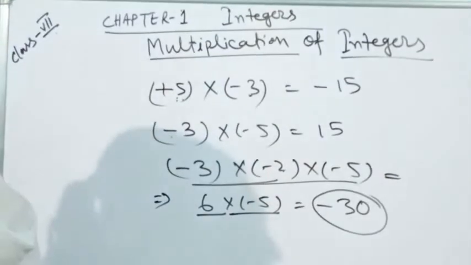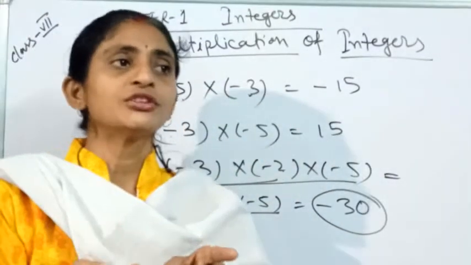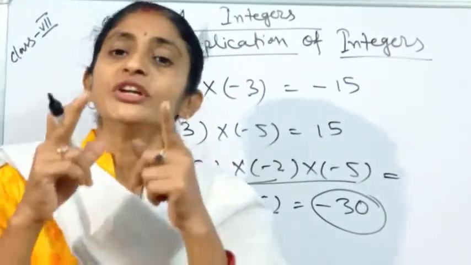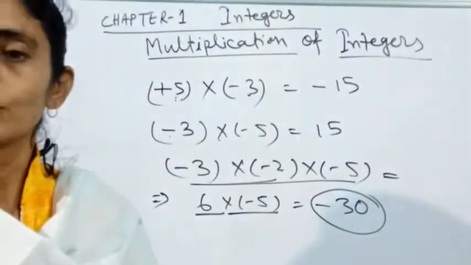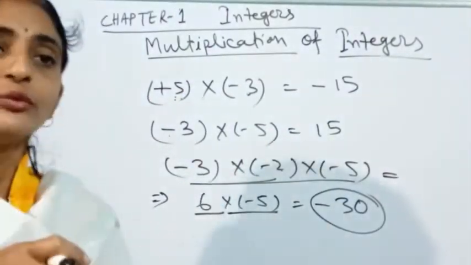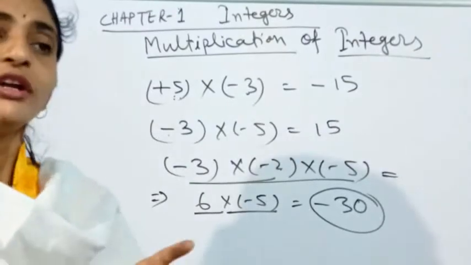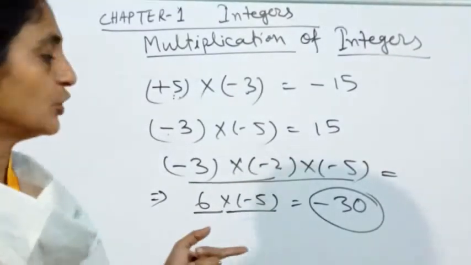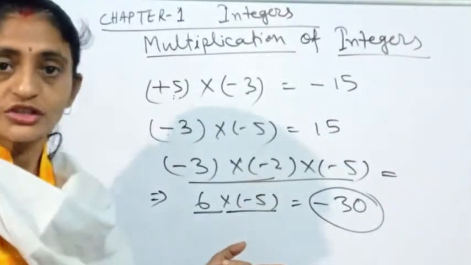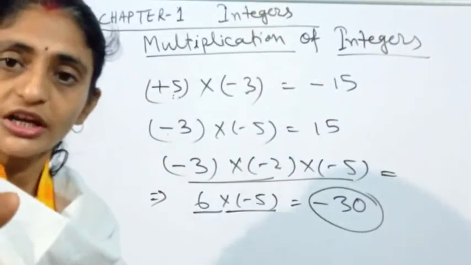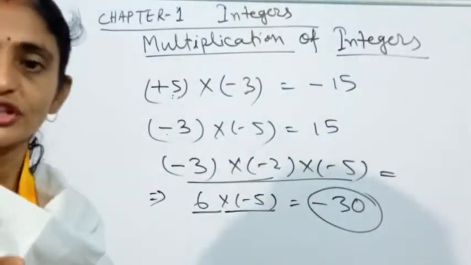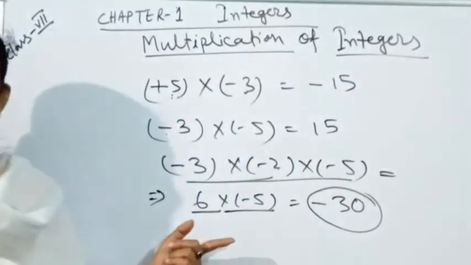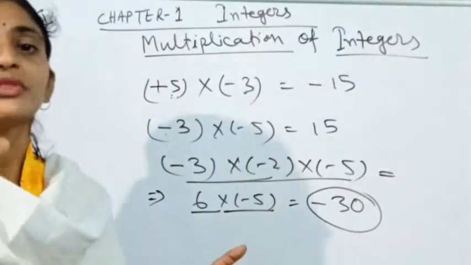In this way, if you are dealing with an even number of negative integers, the result will be positive, and if you are dealing with an odd number of negative integers, the product will be negative.